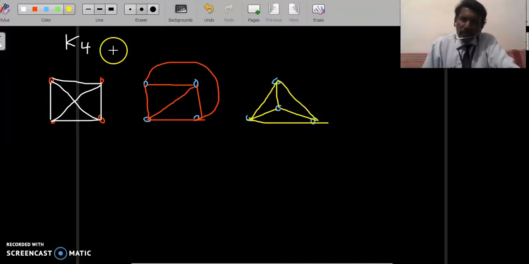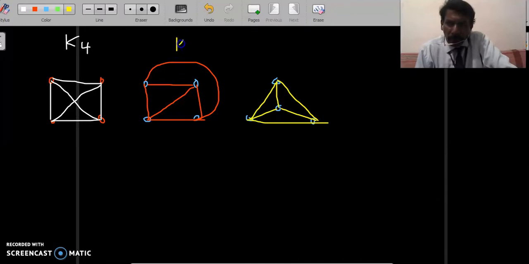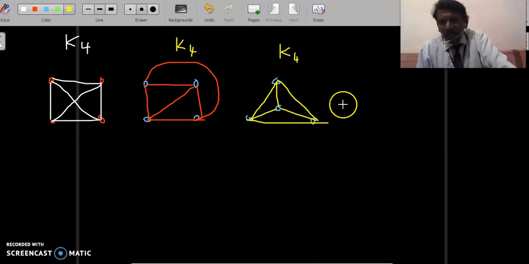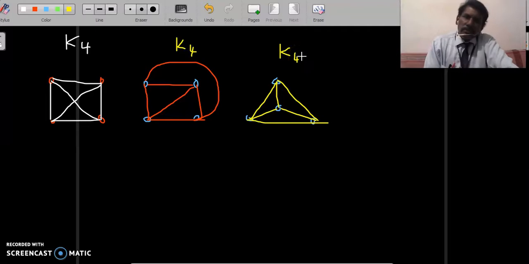Now look at this. This is also K4, a simple complete graph consisting of four vertices connected by all the edges, and this also is K4, this also K4.